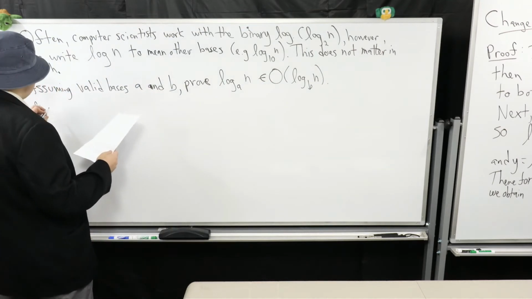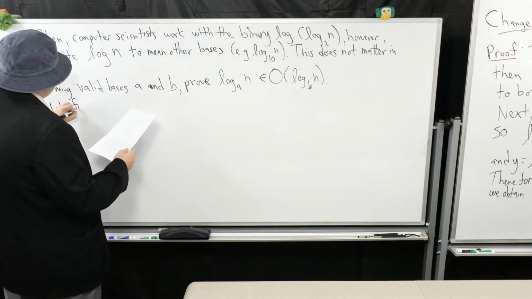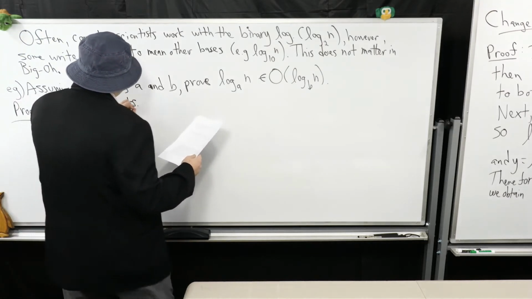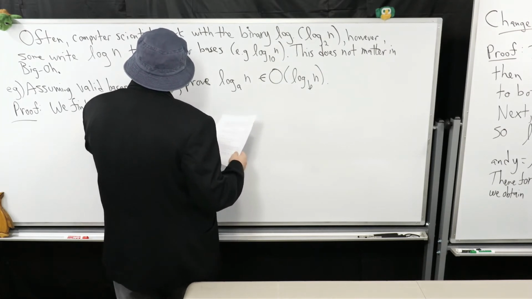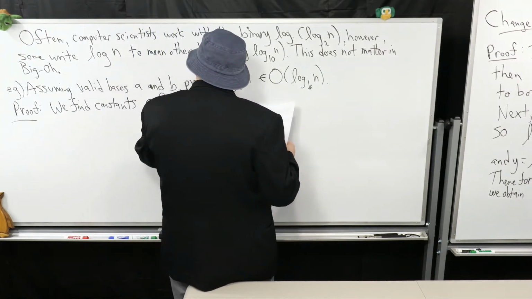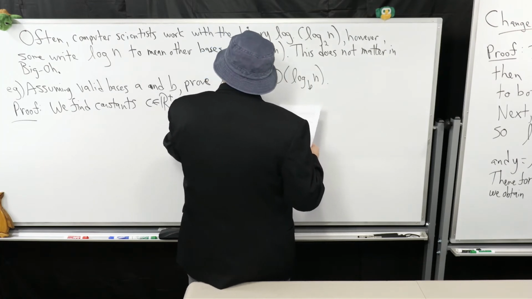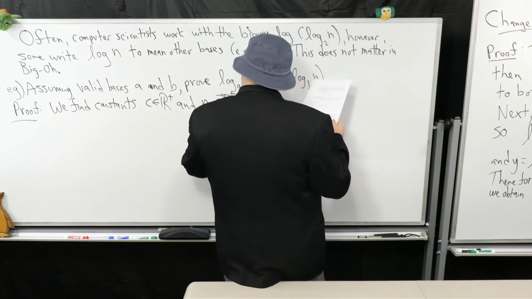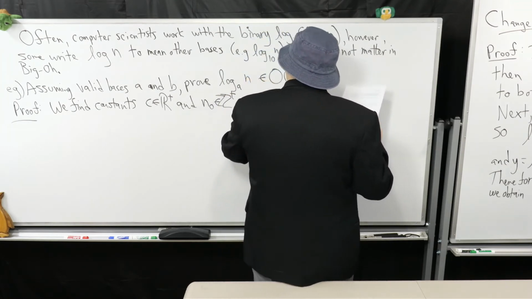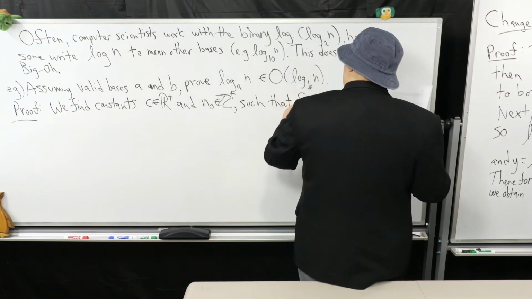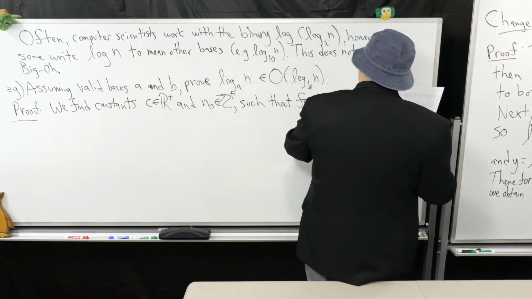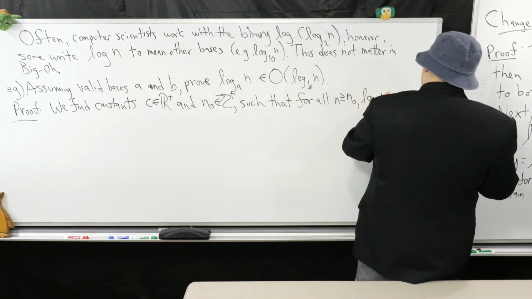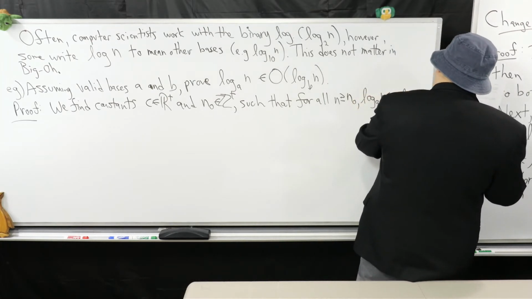So what do I normally do? I say we find constants. So I need to find those two constants, right? We find constants, C. Remember, C is a positive real number, and n0, which is a positive integer, such that for all n greater or equal to n0, log base A of n is less than or equal to C times log base B of n.